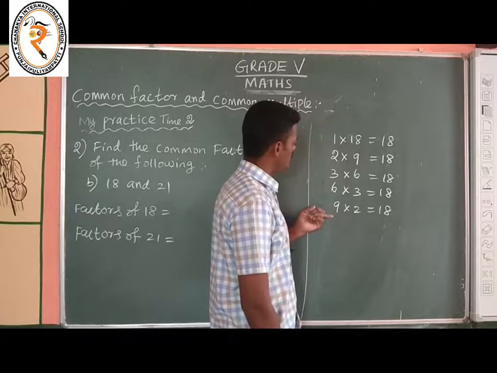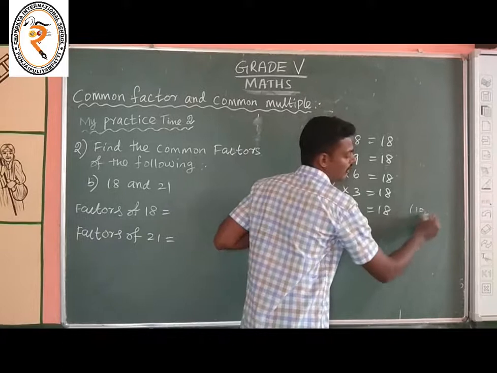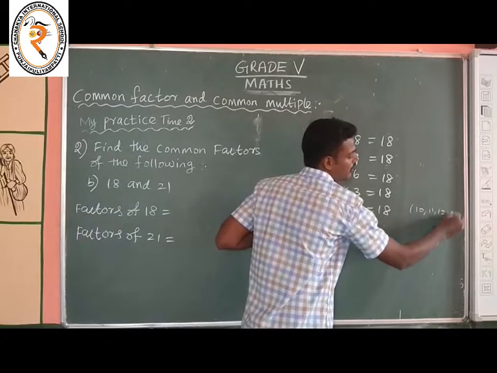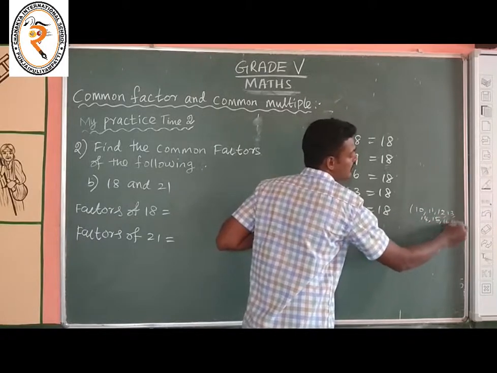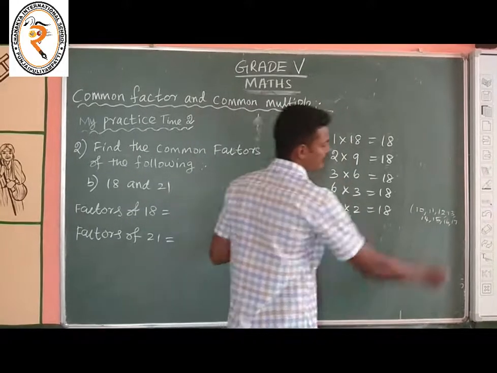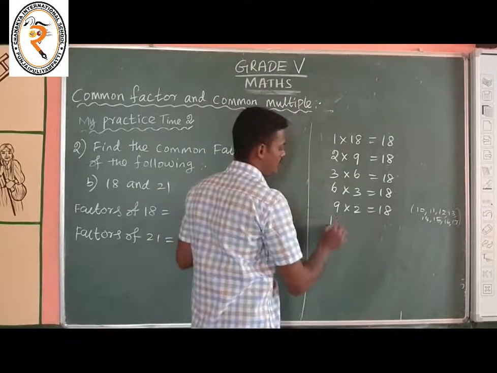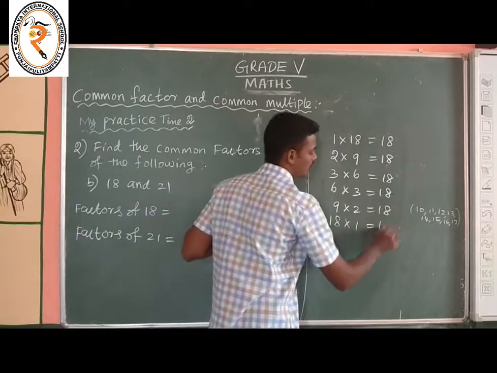Up to the 17th table, 18 is not there. So we select the 18th table, 18 into 1 is 18.